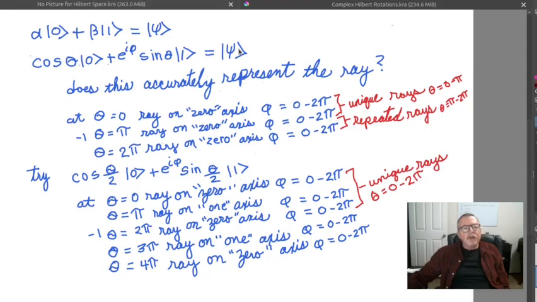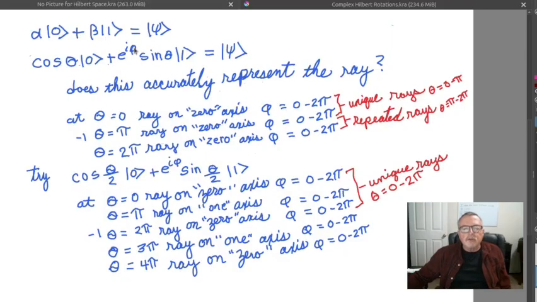Now, every unique ray should be determined by an angle between 0 and 2 pi and an angle between 0 and 2 pi. In other words, theta between 0 and 2 pi and phi between 0 and 2 pi.